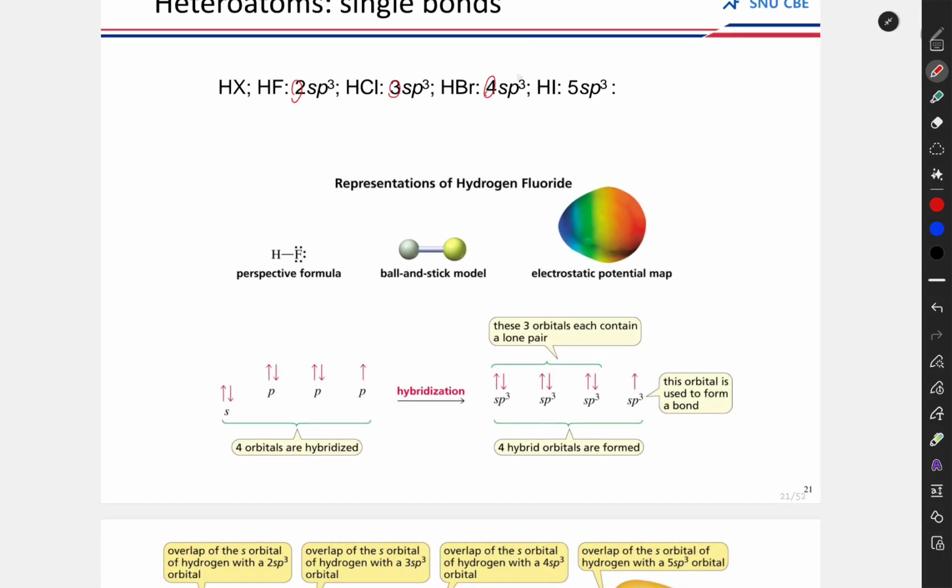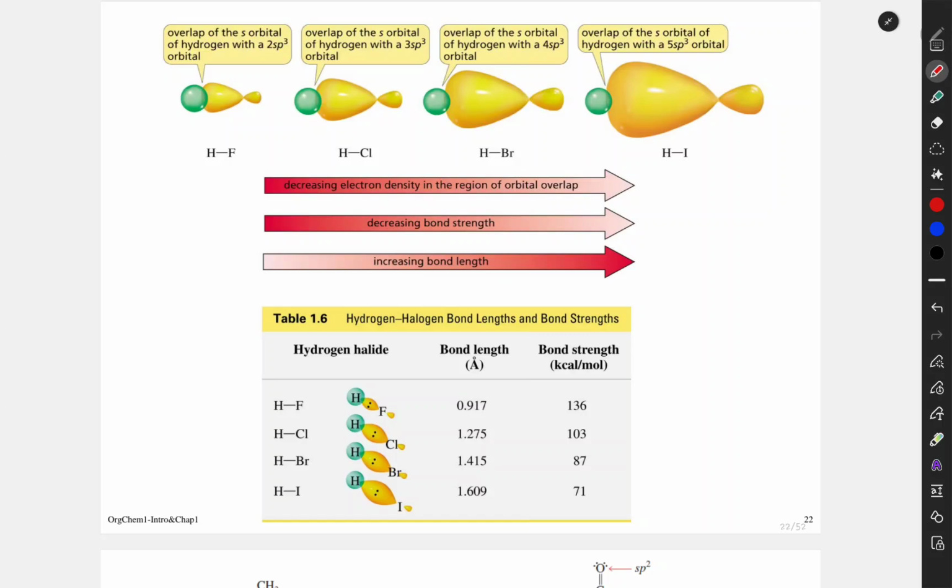That's what this slide is indicating. This is the orbital interaction diagram for the HF, HCl, HBr, HI molecules. From the left, you will have an s-orbital of hydrogen with 2 sp3 orbitals from fluoride. You can see the interaction, the overlap of the s-orbital, green, of hydrogen with the sp3 orbitals.